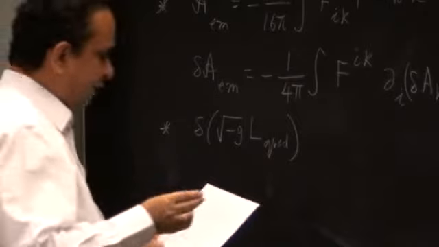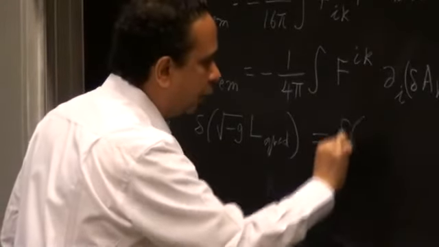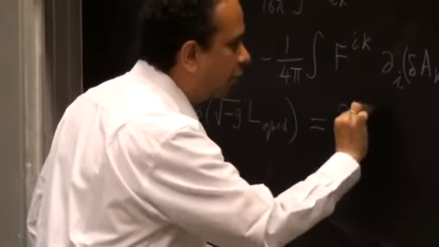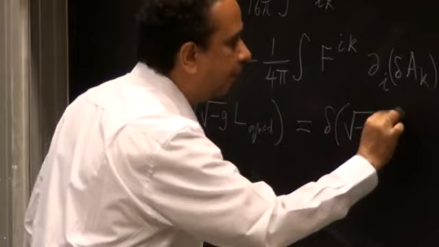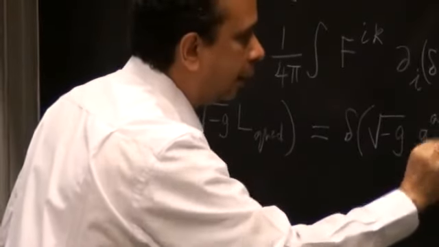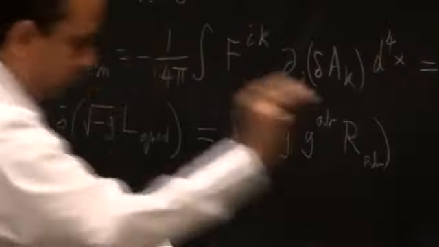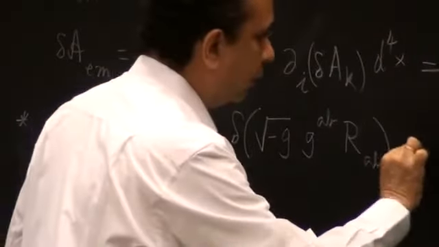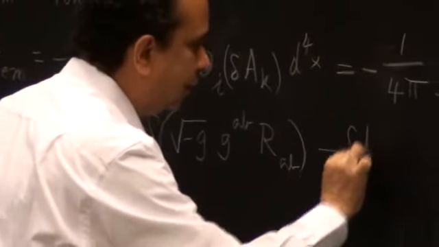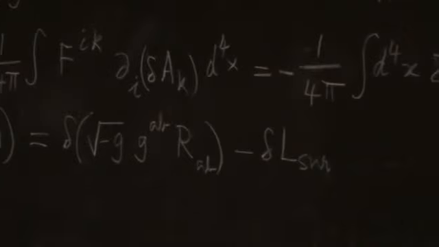But it is nicer to do this by calculating root minus g R, which I will write as G^AB R_AB. This is because you can look this up in textbooks. Then minus delta of the L surface, which you have to work out, unfortunately.